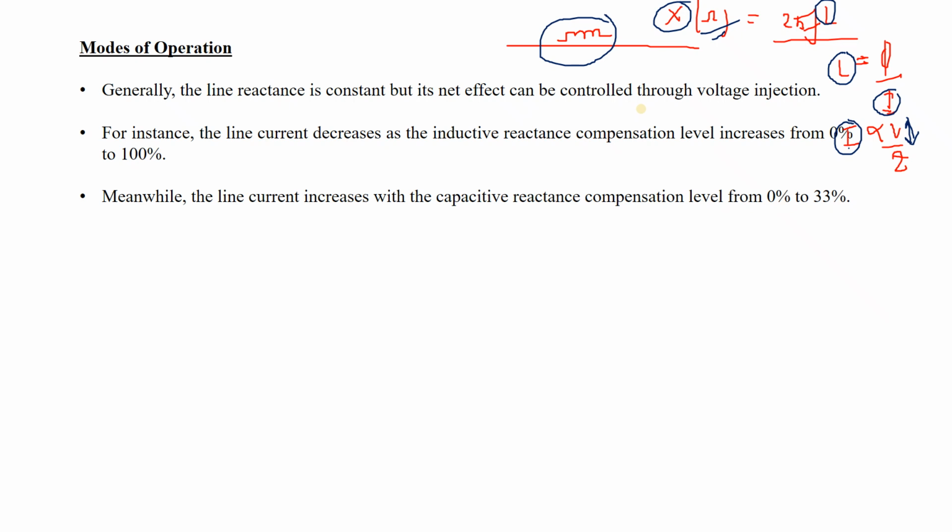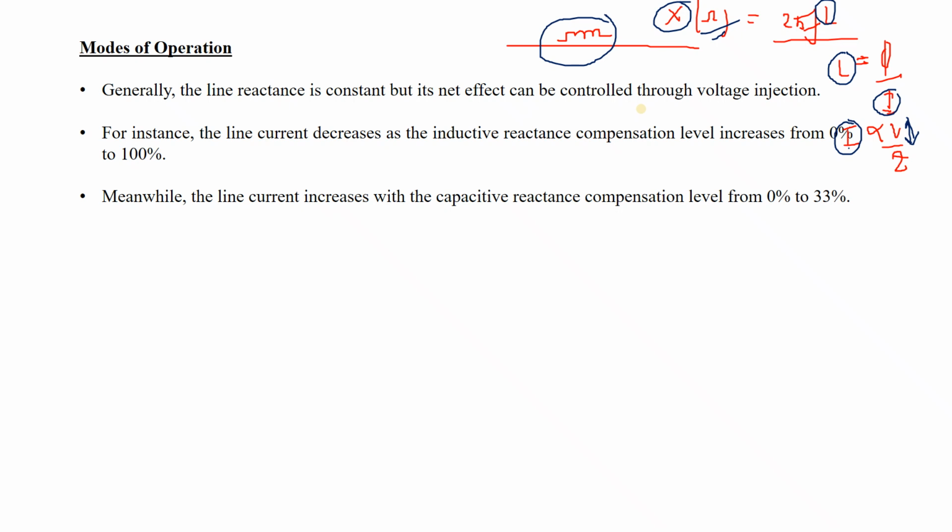While the current increases with the capacitive reactance compensation level from 0 to 33%. When the capacitance effect is there, that means the capacitive reactance is more, so the capacitive reactance compensation is required.